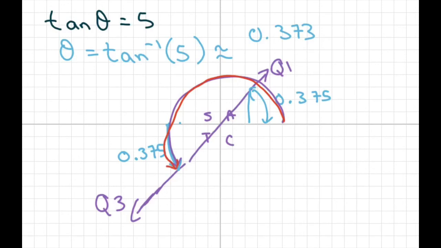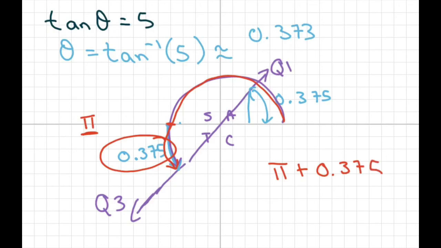So to get that, we're going to take pi, which remember is 3.14 something something, but be sure to use pi on your calculator. So we're going to do pi plus this additional amount, 1.373, and that's going to give you approximately 4.51.